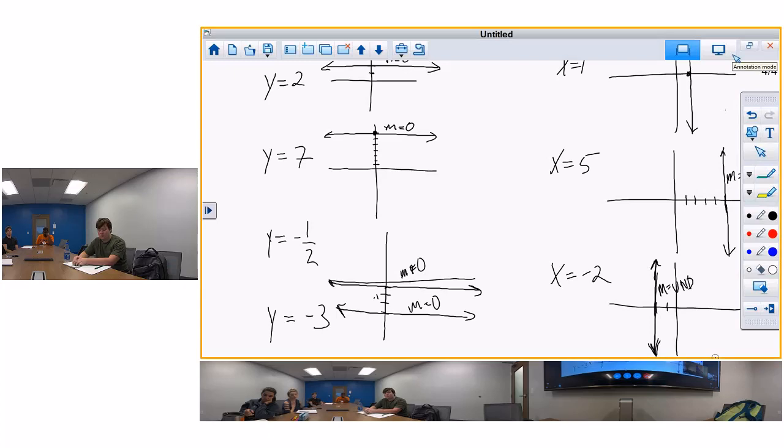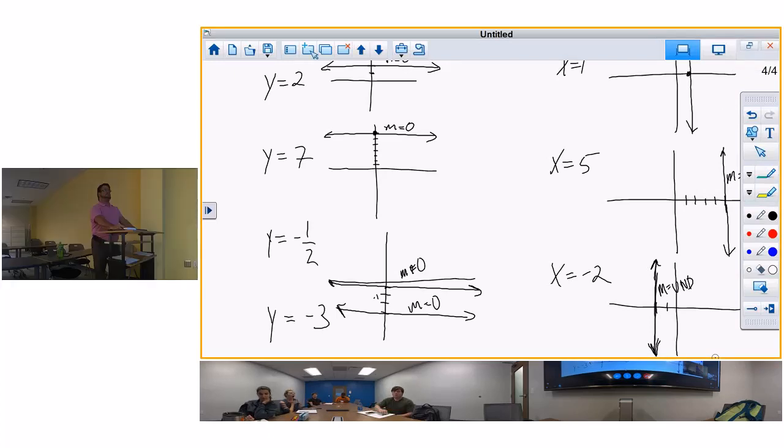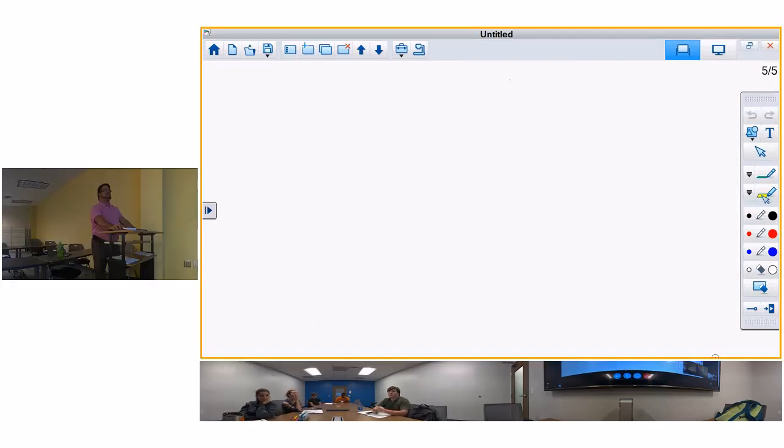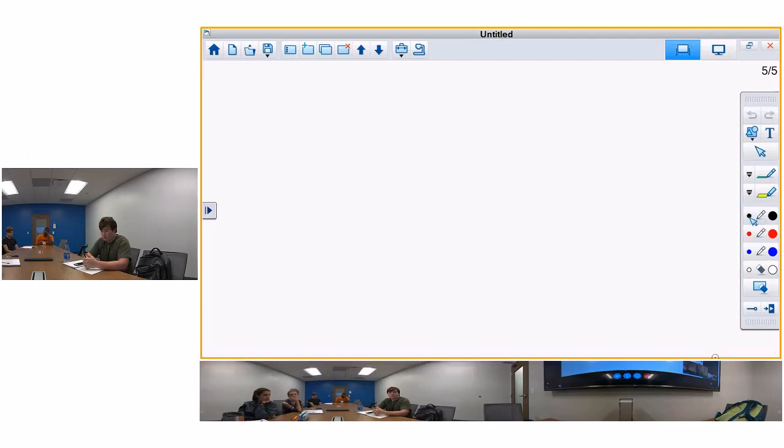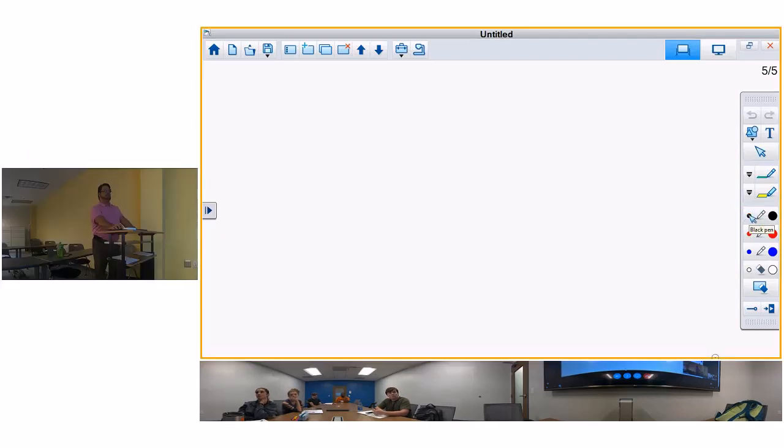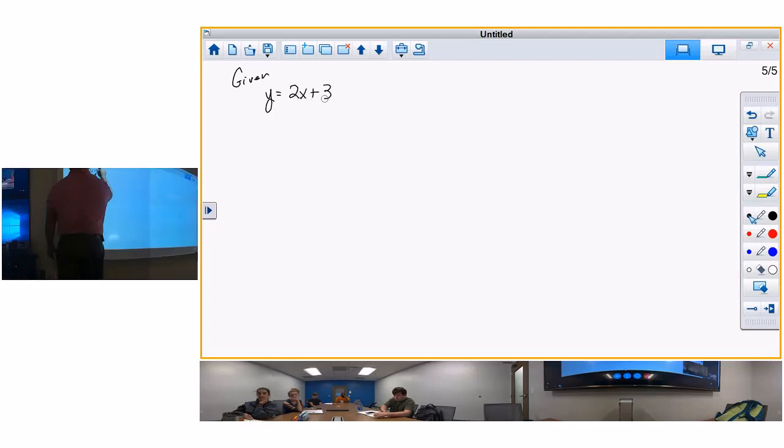Now the last one I'm going to go over for properties is kind of tedious. So I'm going to show you what they're going to give you. They're going to give you y is equal to 2x plus 3.